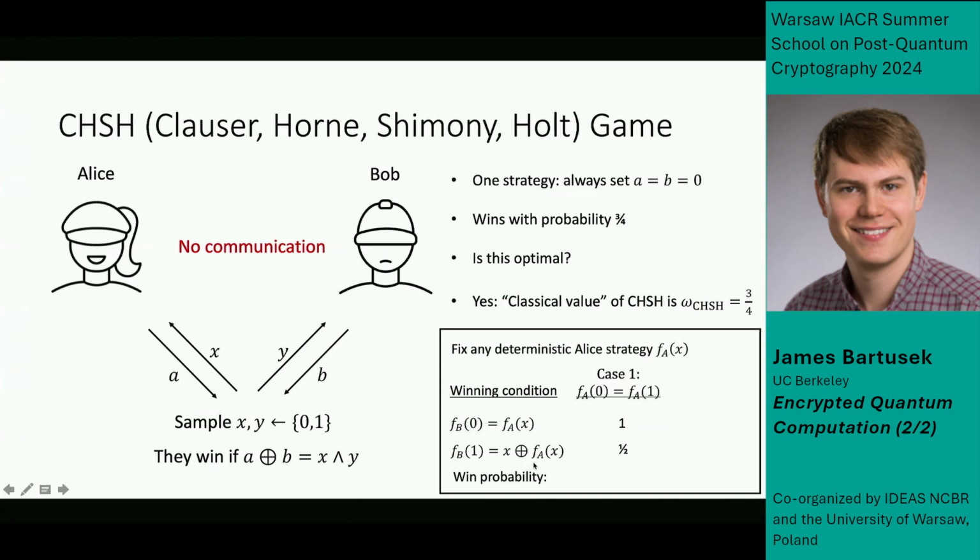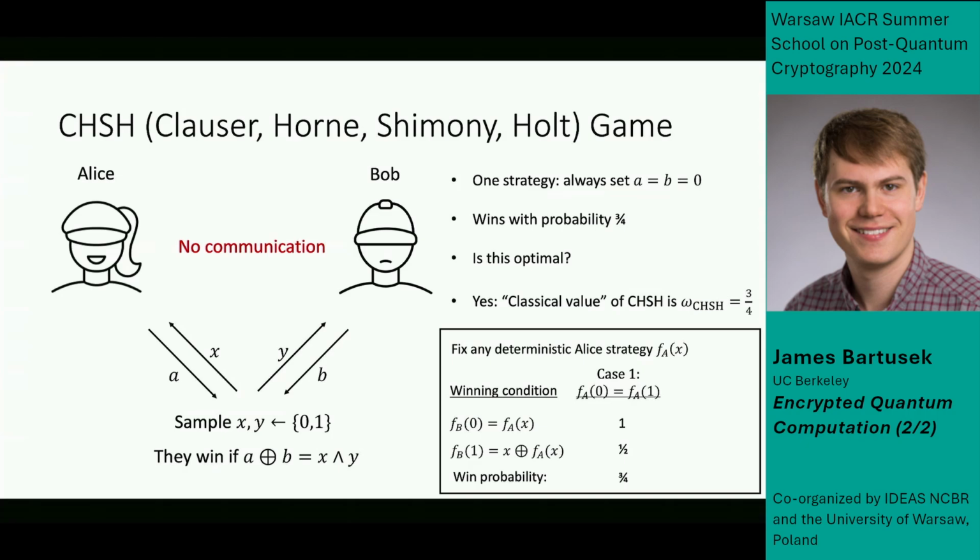On the other hand, if Bob receives the question 1, in order for them to win, since this bit is fixed, it depends exactly on what Alice's question was. However, due to the no communication assumption, Bob has no information at all about what Alice's question was. So X was sampled uniformly at random, so the best Bob can possibly do is win with probability 1/2.